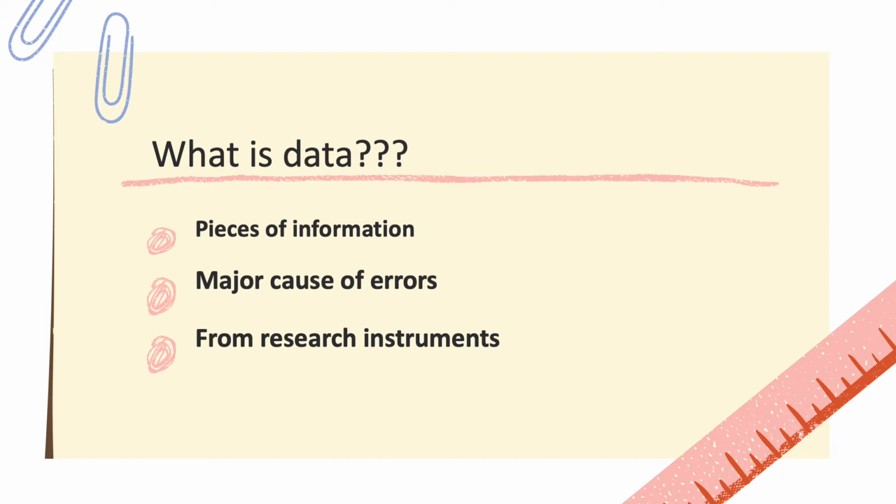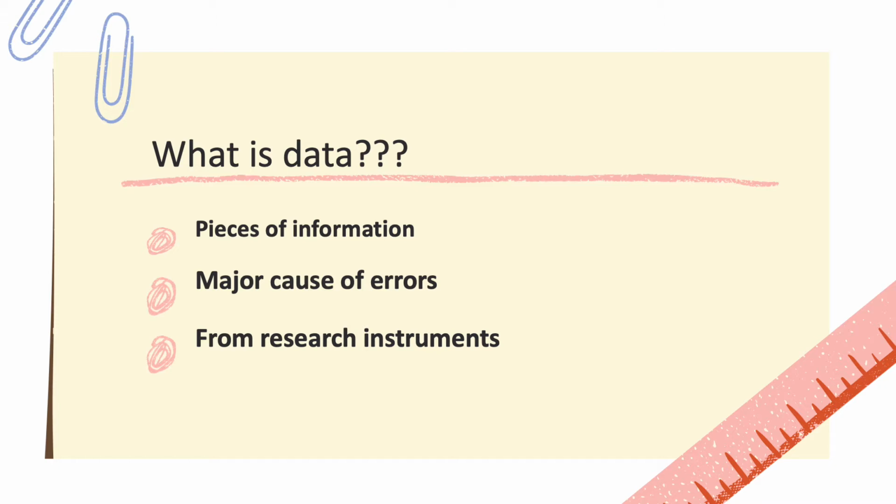Data is the most essential thing that we can gather from research, and it has to be accurate, precise, and reliable. Fancy statistical methods cannot rescue garbage data, so collect exact values whenever possible, because that can be a major cause of error.